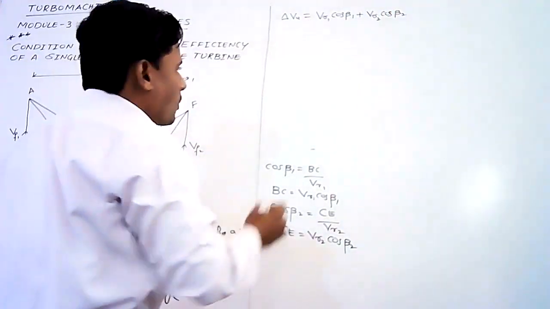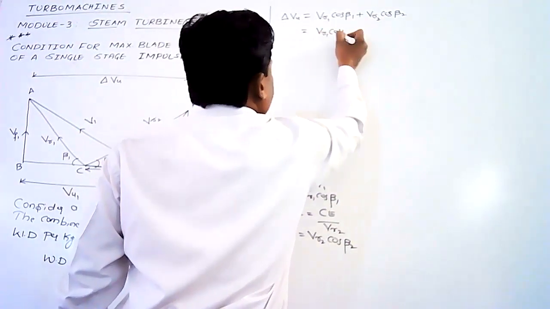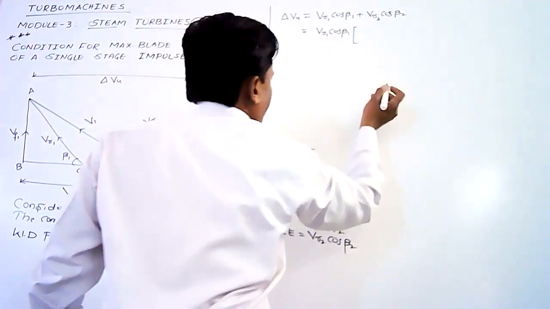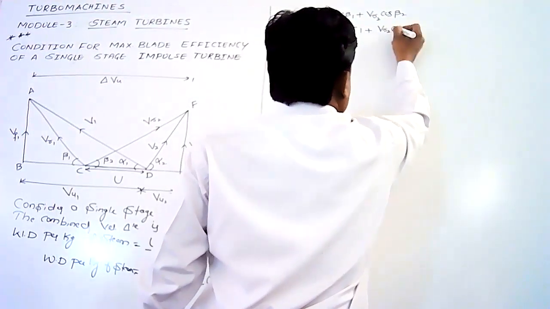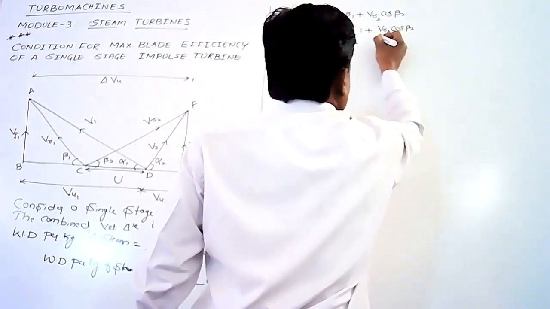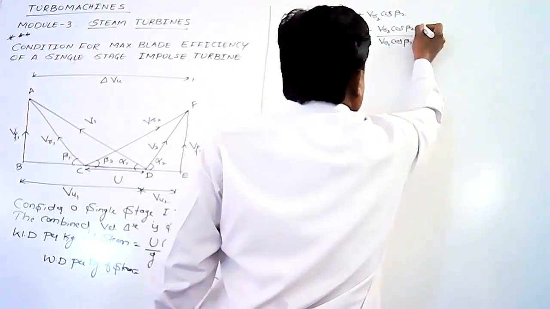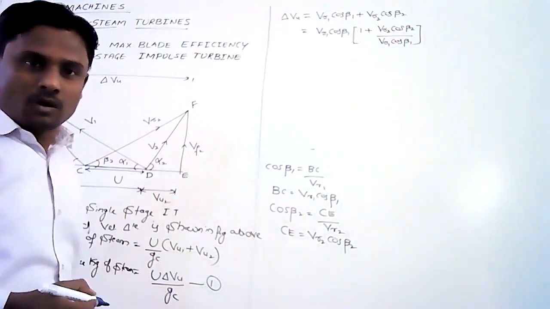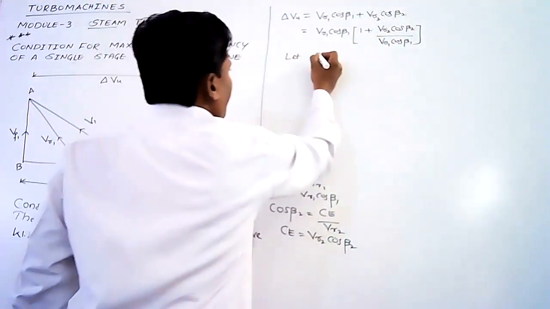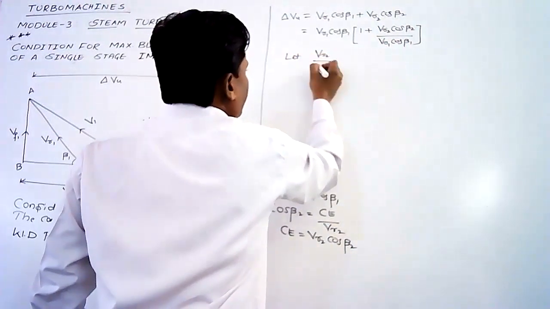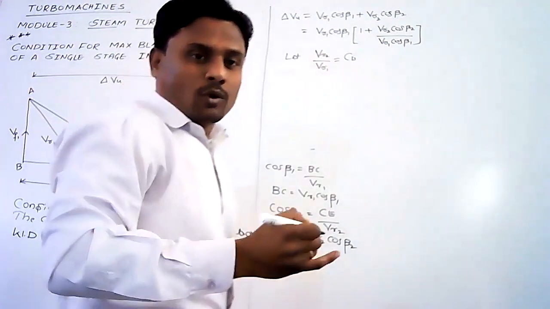Let us take VR1 cos beta 1 outside the bracket. So we are left with 1 plus VR2 cos beta 2 by VR1 cos beta 1. Let VR2 by VR1 equal Cb.